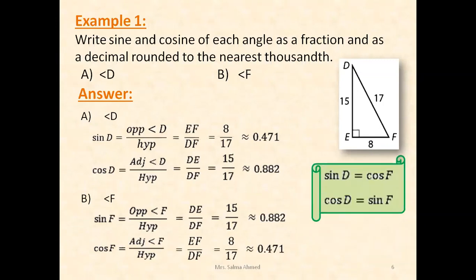Here we conclude that the sine of angle D is equal to cosine F, and cosine D is equal to sine F. These two angles are complementary angles, or they are completing each other.